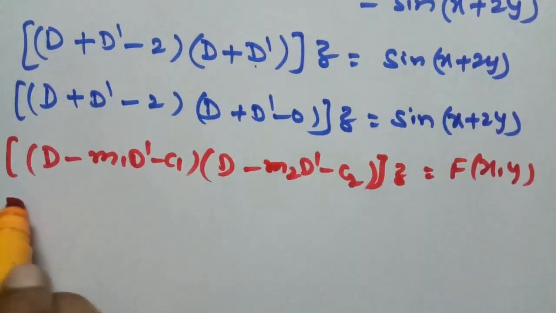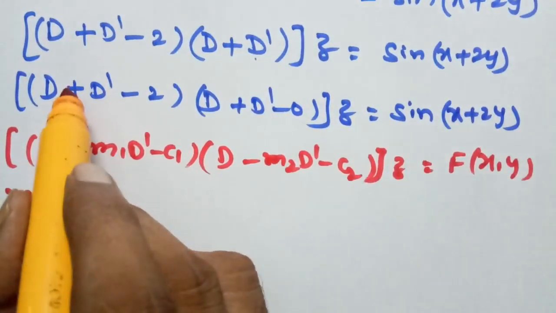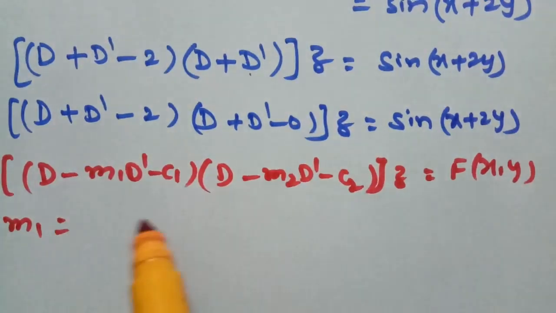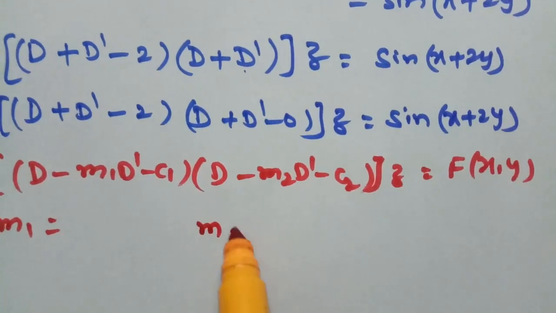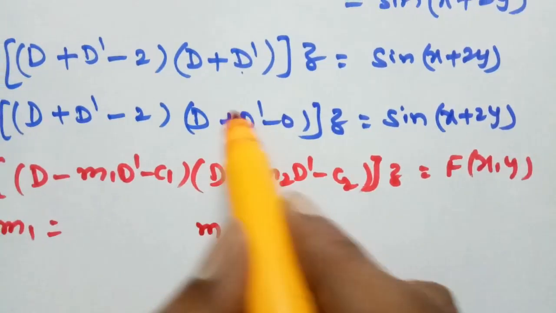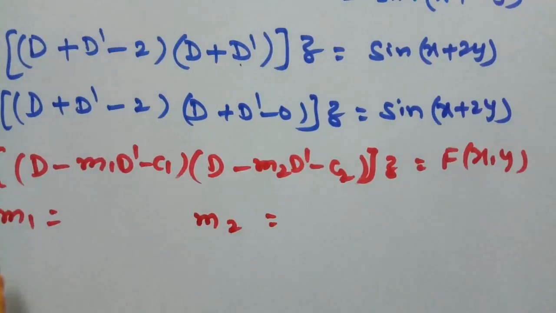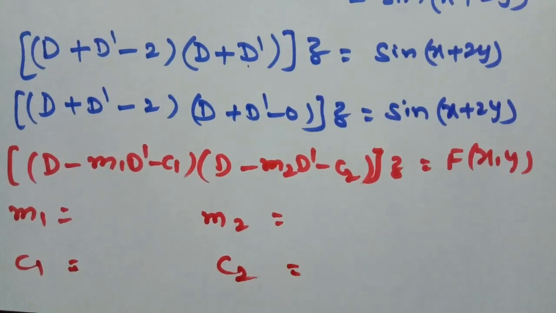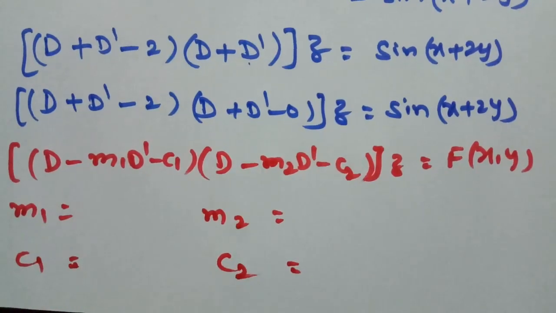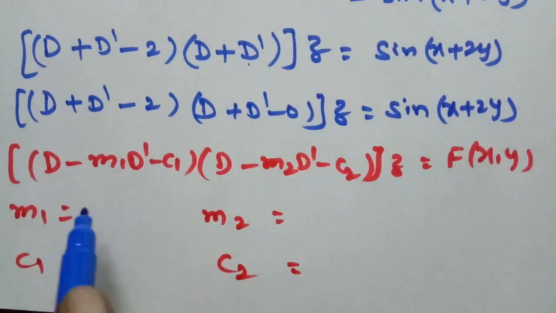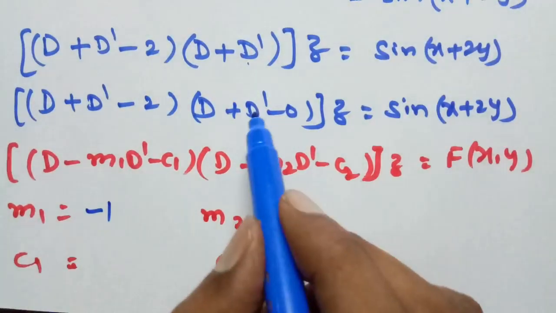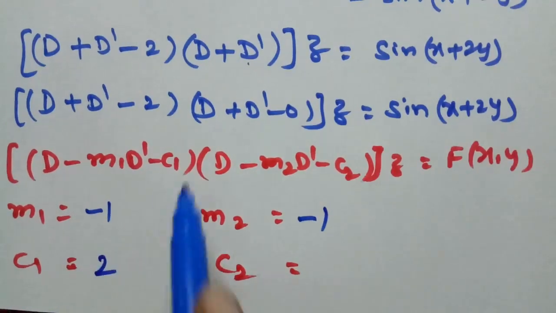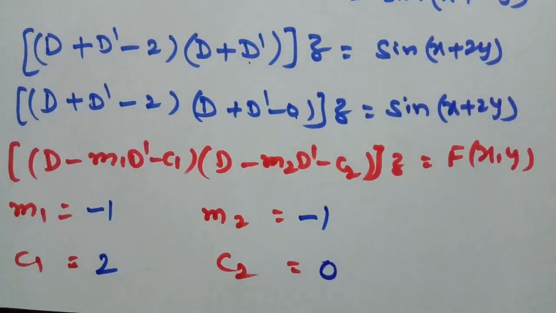Here m1 is equal to plus, which can be written as minus of minus. Therefore m1 is equal to minus 1. m2 is equal to minus of minus as well, so m2 is minus 1, c1 is equal to 2, c2 is equal to 0.